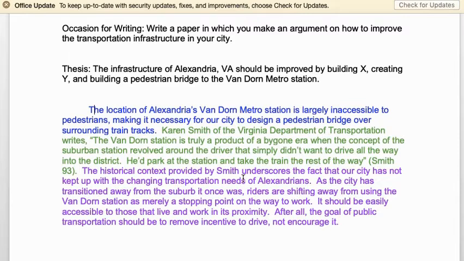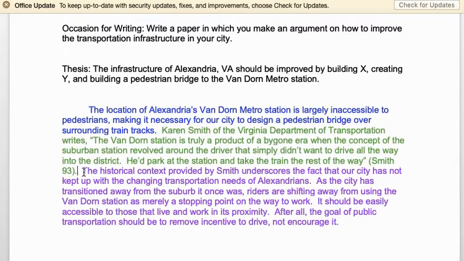If something in this paragraph has nothing to do with my point, it does not belong here, and I might need to consider creating another body paragraph. So I restate what I stated in my thesis: the location of Alexandria's Van Dorn metro station is largely inaccessible to pedestrians, making it necessary for our city to design a pedestrian bridge over surrounding train tracks. That's the P.